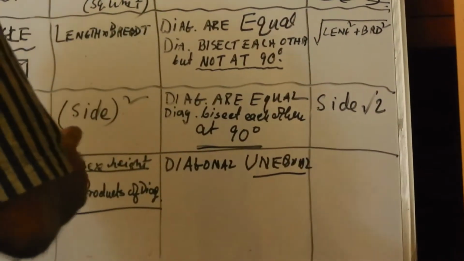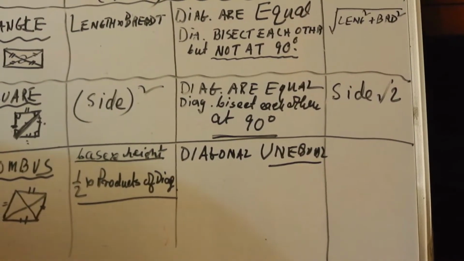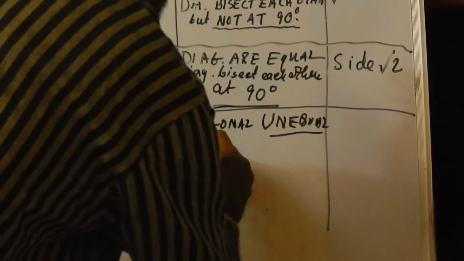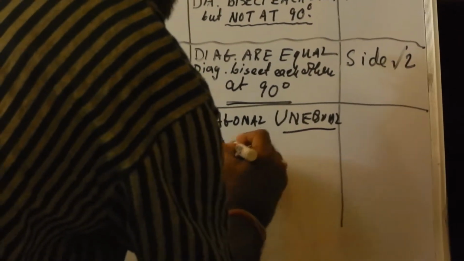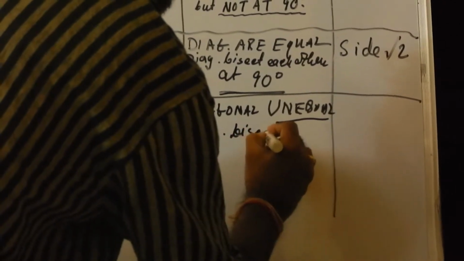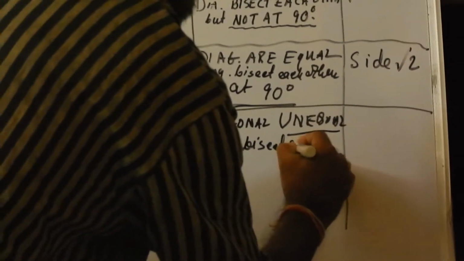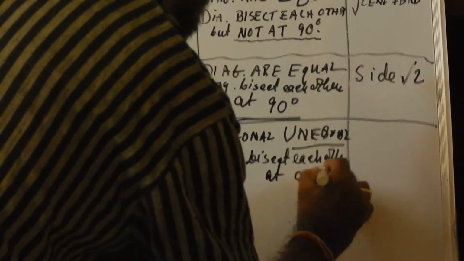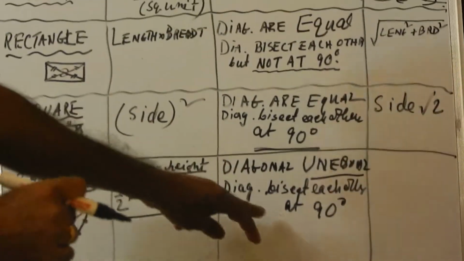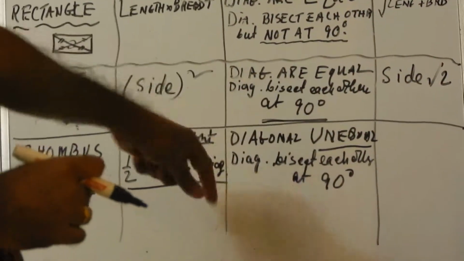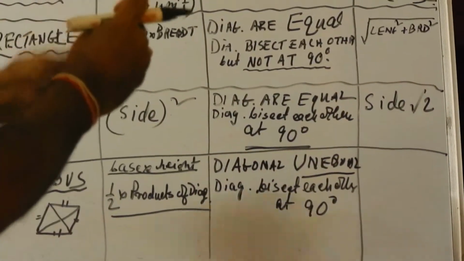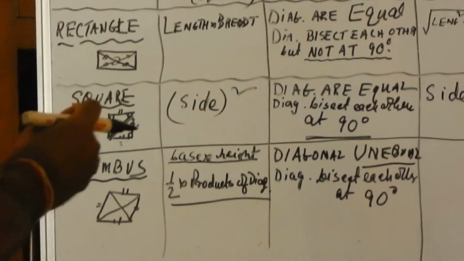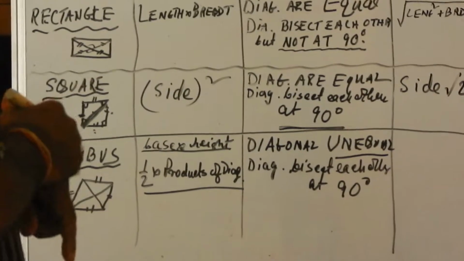So diagonals are unequal for a rhombus, and they bisect each other, like a square, at 90 degrees. The only difference with the square was that the diagonals were equal in the case of a square. But in the case of a rhombus, diagonals are unequal, but they bisect each other at 90 degrees.